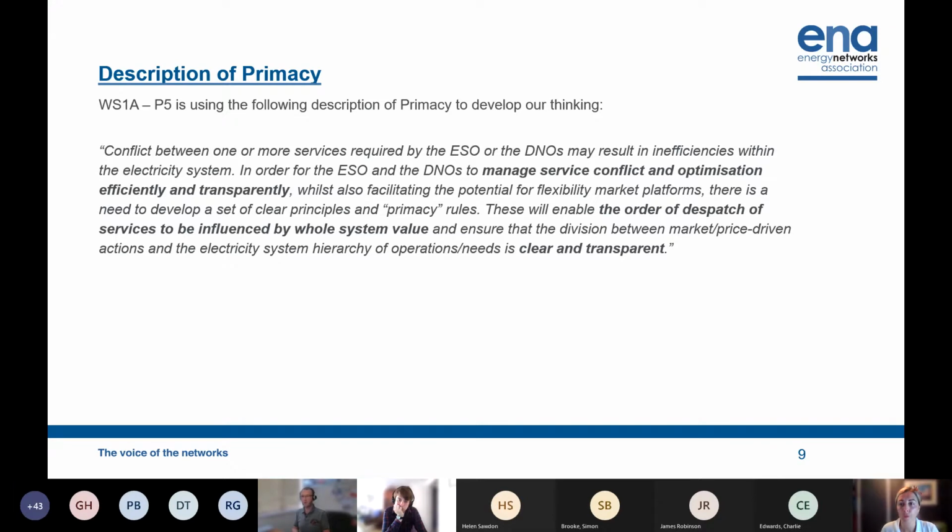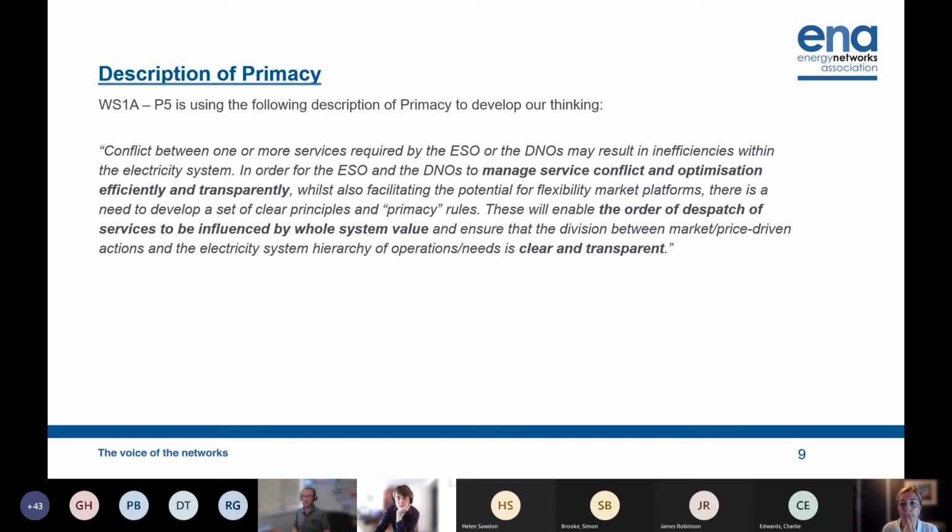So what is it? Well, conflict between one or more services, effectively between the ESO and DNOs. What that could result in is potentially inefficiencies on the electricity system as a whole. So what we're trying to do is look at ways to manage these service conflicts and optimize the system both efficiently and transparently.